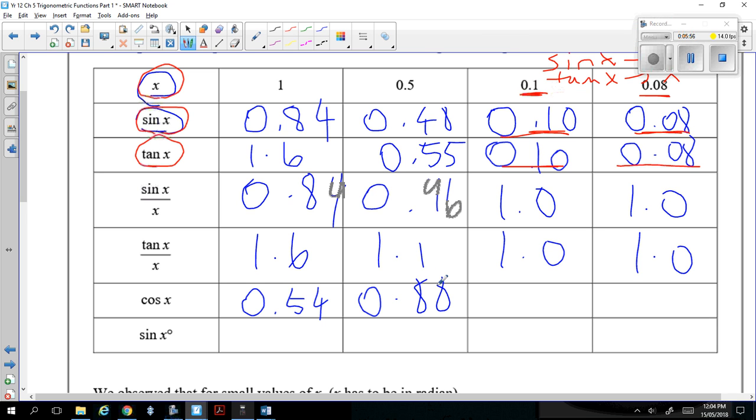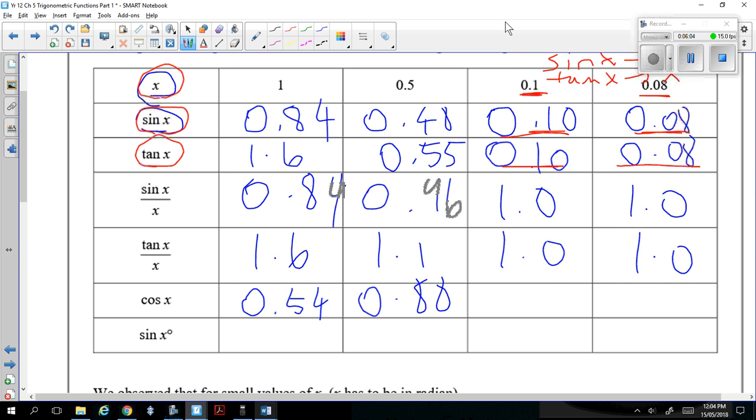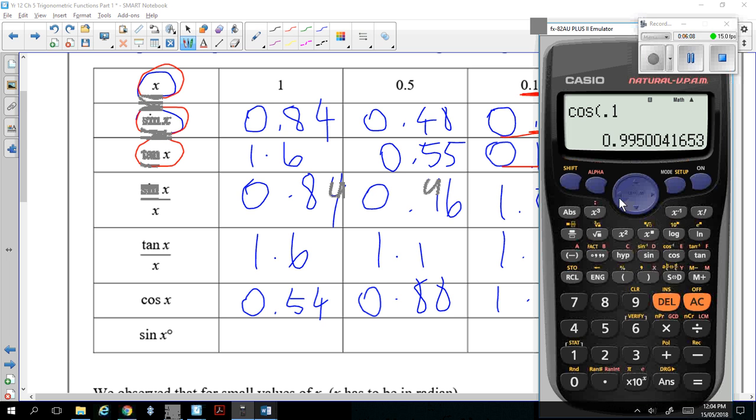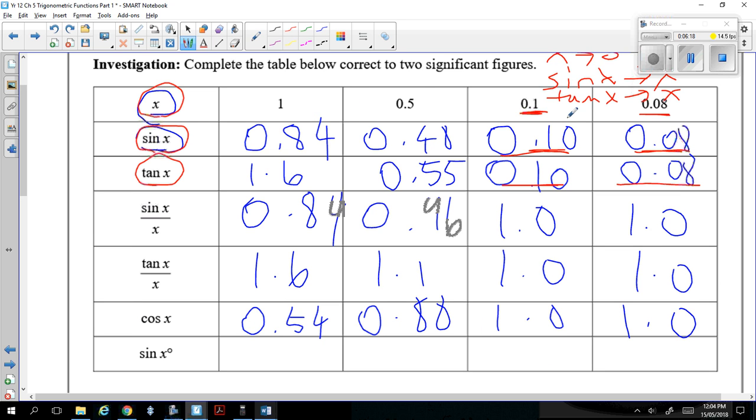And then if you do 0.1, you get just 1.0. So it's approaching 1, and then for the next one, you get close to 1. So cos x and x, they are different, isn't it? As x approaches 0, the value of cos x and the x value are completely different, whereas sine x and tan x become the same as x, but cos x is different.